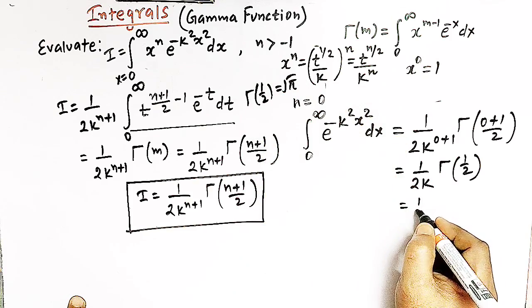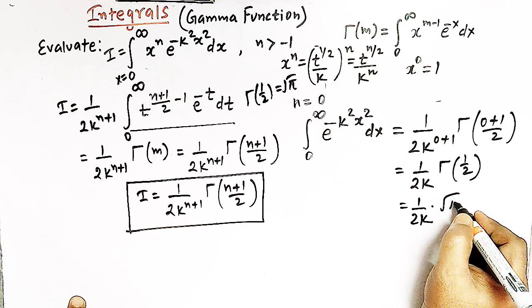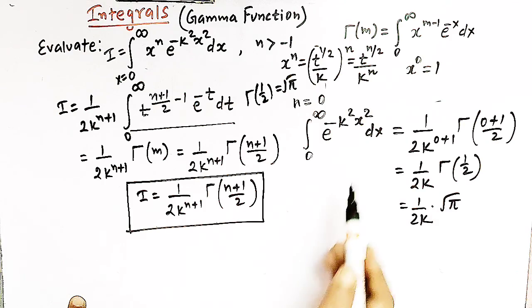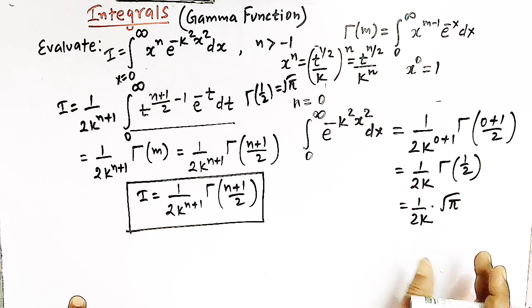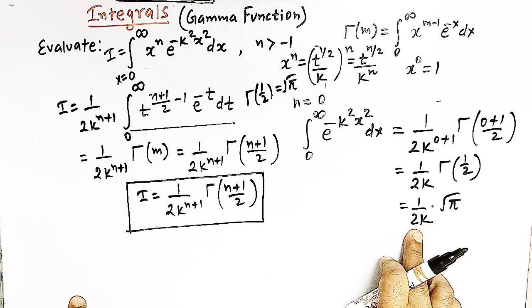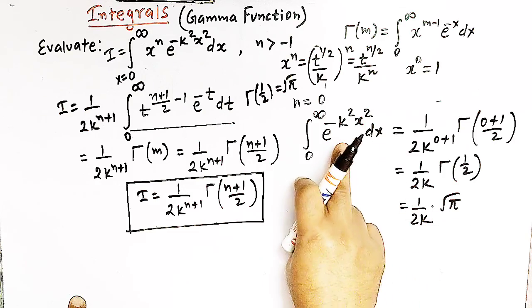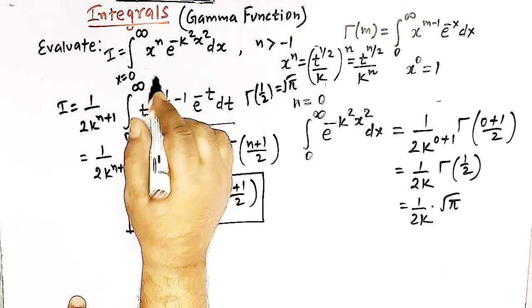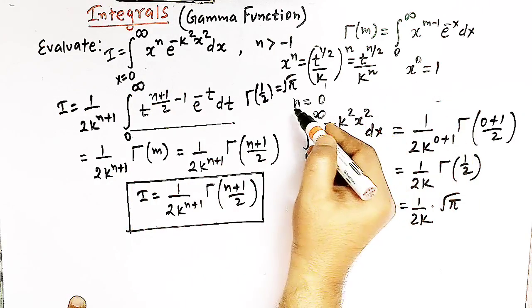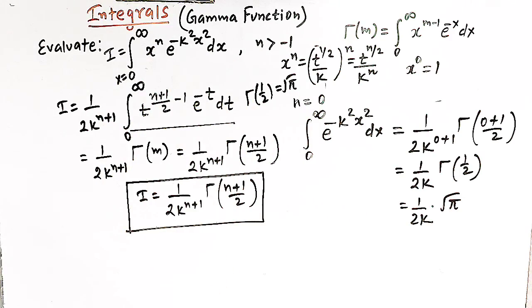So here we have 1 over 2k times square root of pi, right? So the value of this integral is given by square root of pi divided by 2k, and we have obtained the value of this integral by taking n is equal to 0 in this integral.